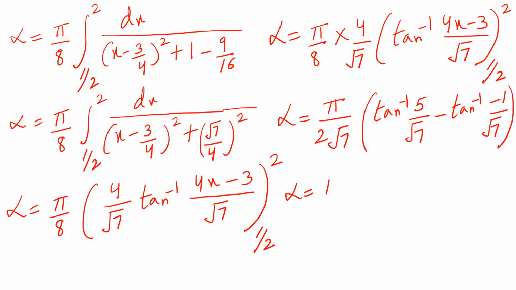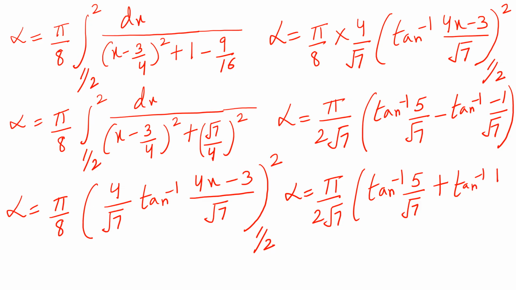Now students, alpha becomes equal to pi upon 2 root 7 into, inside the bracket tan inverse of 5 upon root 7 plus tan inverse of 1 upon root 7, because tan inverse of minus x is equal to minus tan inverse x. Now students, I will use the formula of tan inverse x plus tan inverse y, which is equal to tan inverse of x plus y upon 1 minus xy.